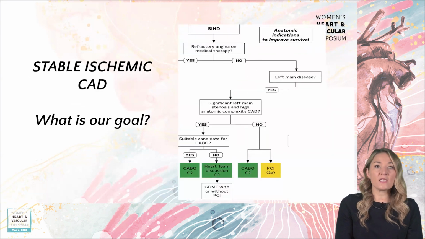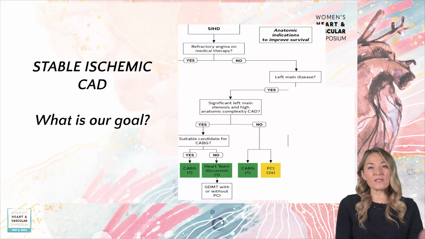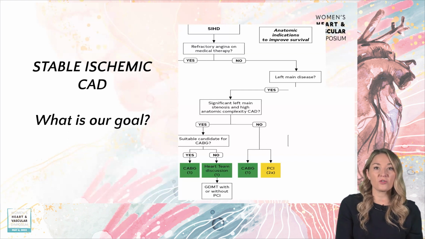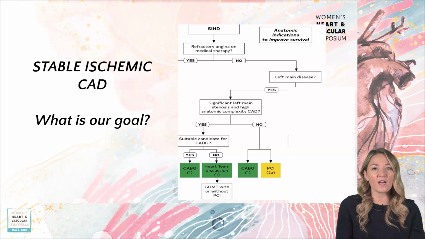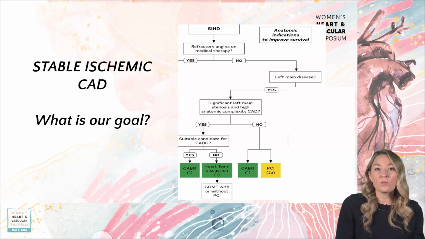So stable ischemic CAD in a patient who has no refractory chest pain, meaning they actually don't have much chest pain. So that's the right side here. So no, you don't have refractory chest pain, but do you have left main artery disease? So the major tree trunk that comes off on the left, does it have a problem? And if the answer is yes, and it's a significant stenosis by whatever testing your interventional friend does, if it's an IVUS or if it's a stress test result that you're following and you see left main disease on cath, what complexity is it?